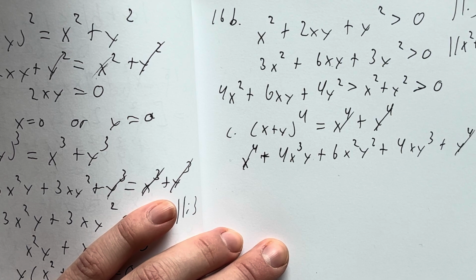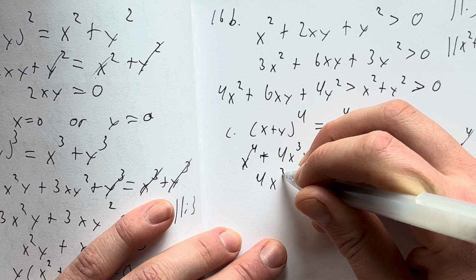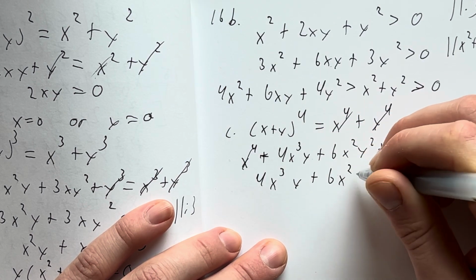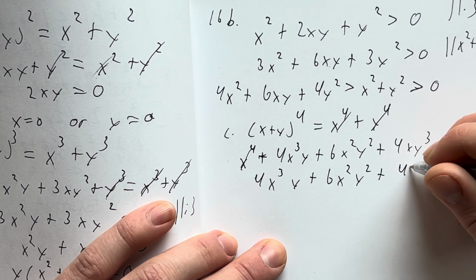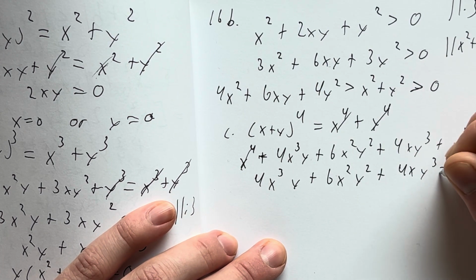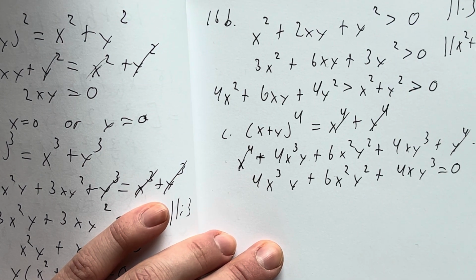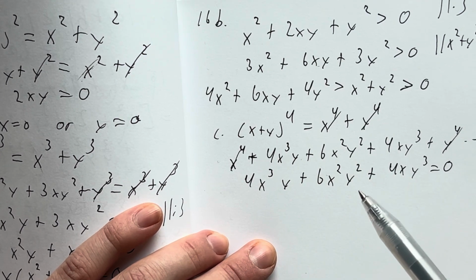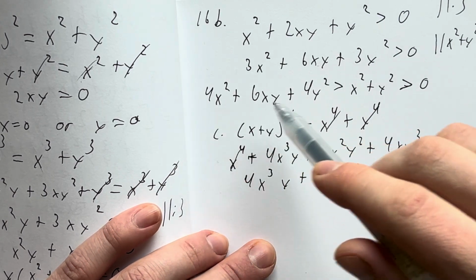And we are left with 4x^3 y + 6x^2 y^2 + 4xy^3 equal to 0. And well, these numbers look strangely familiar. 4, 6, 4.